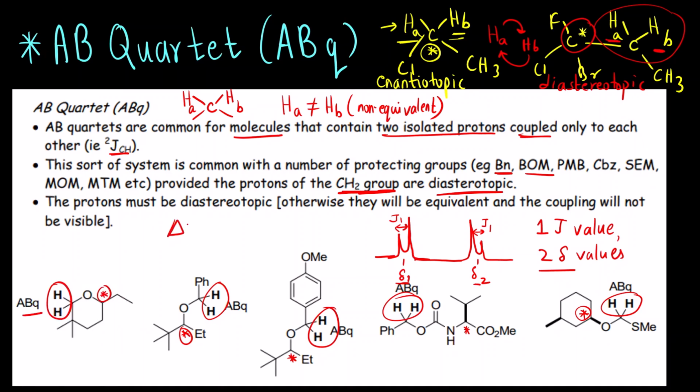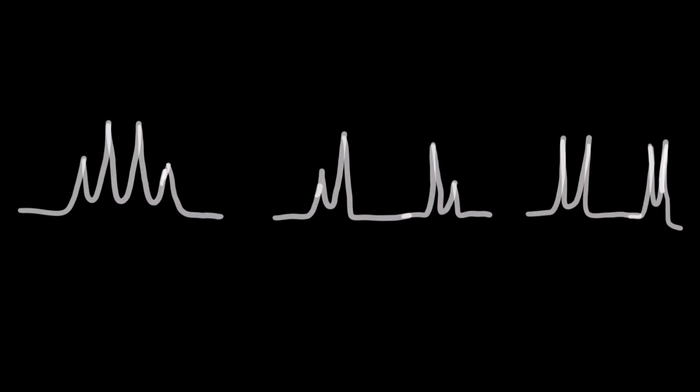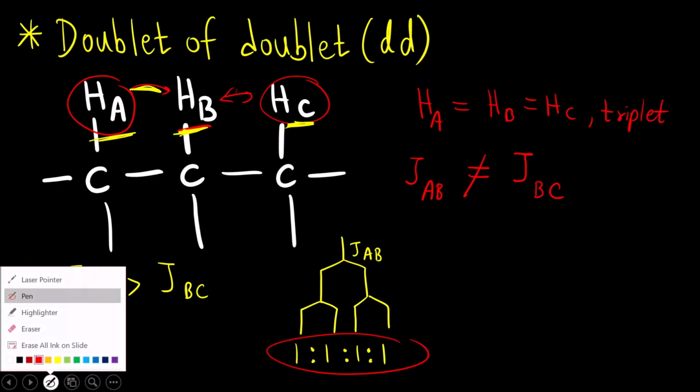something called the change in the chemical shift by the J value. The intensity depends on this value, so here the intensity ratio is different. And how will the peaks look like?